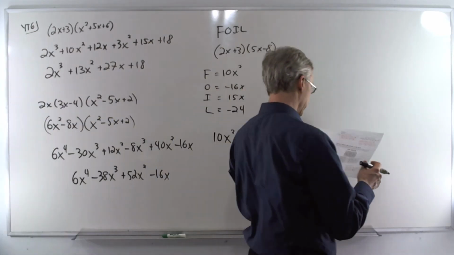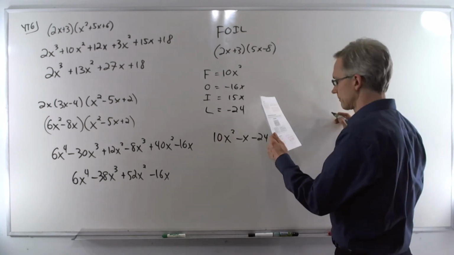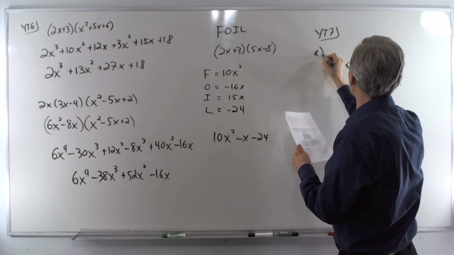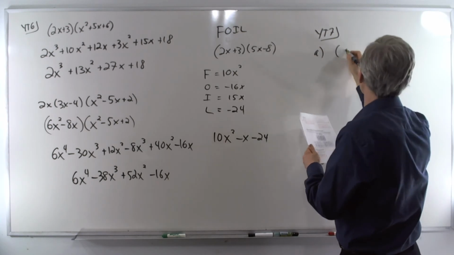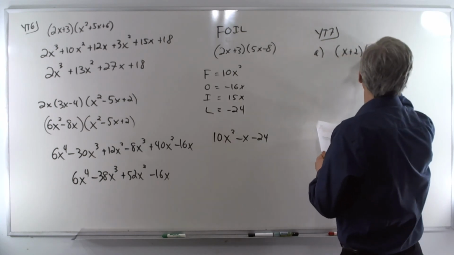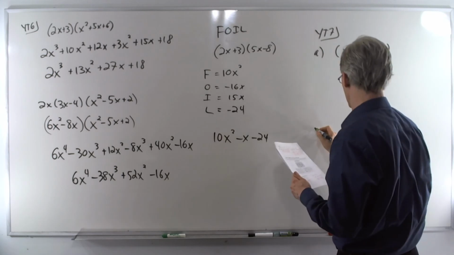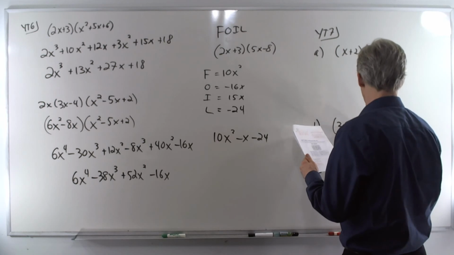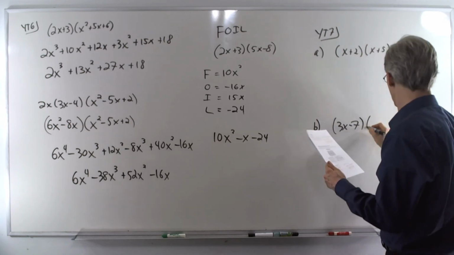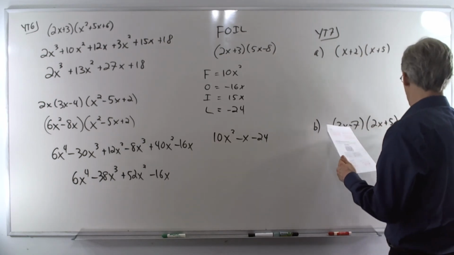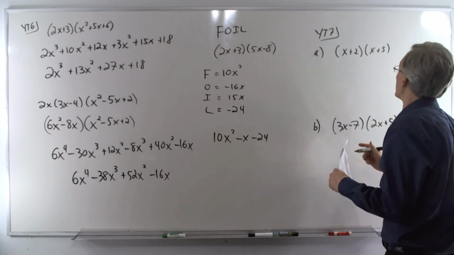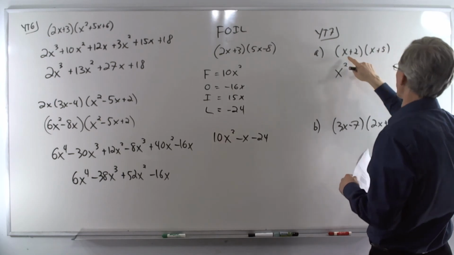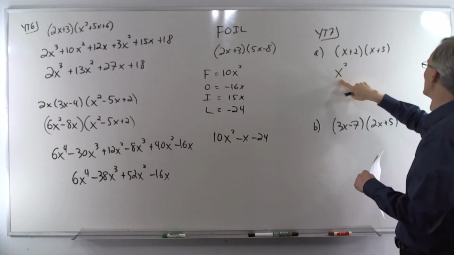Your turn, number 7. Use the FOIL method to multiply the binomials. All right, so first, x times x is x squared.